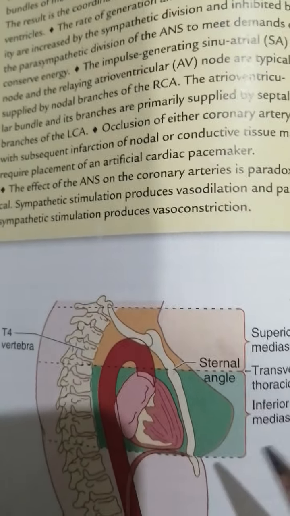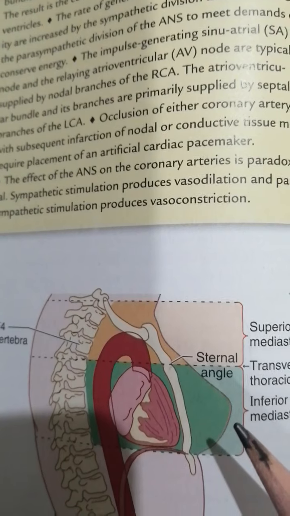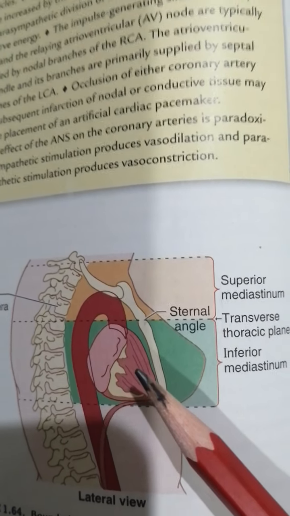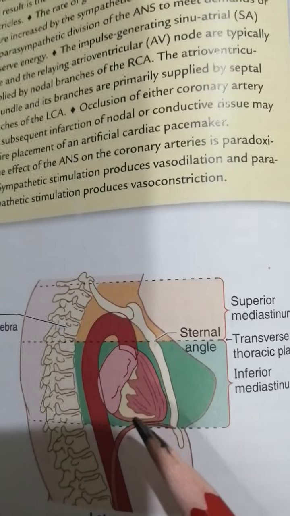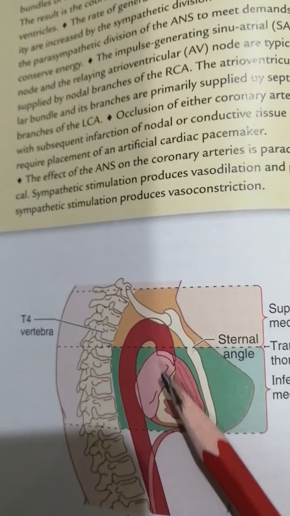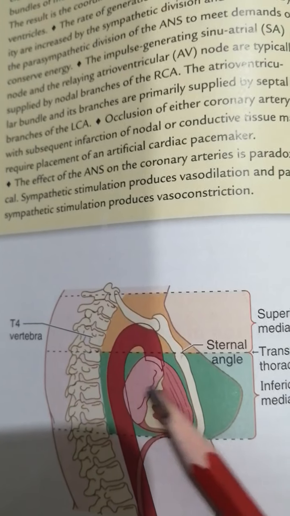So these are basically the contents of the middle mediastinum. The pericardium and heart in the middle mediastinum will be taught to you by Dr. Riaz along with its arterial supply, so I am leaving the middle mediastinum out of deeper discussion.